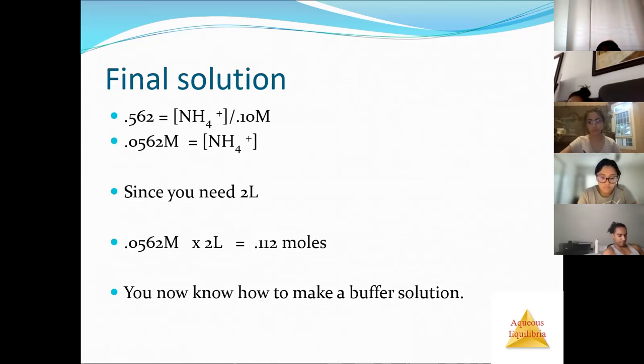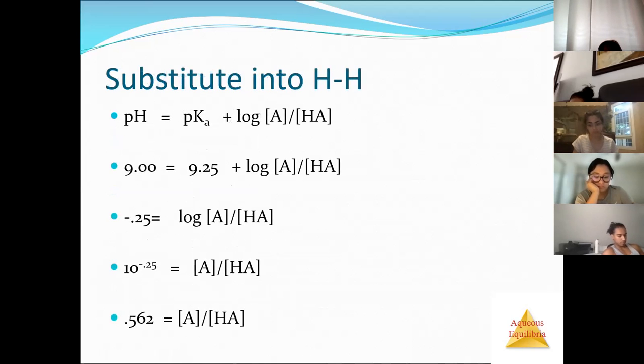So my NH4+ concentration needs to be 0.0562. I need 2 liters of it. My molarity is moles per liter, so I multiply it by 2 liters. I need 0.112 moles. Now you know how to make a buffer solution. Let's go back.